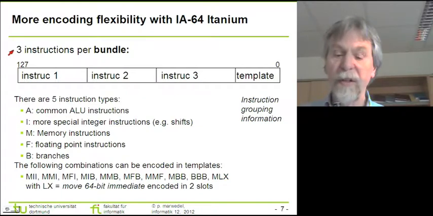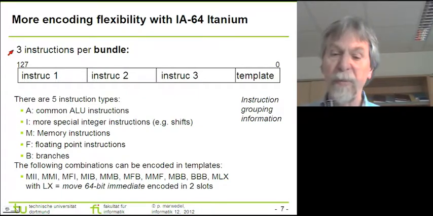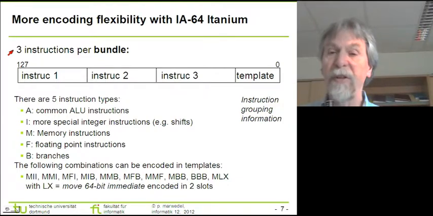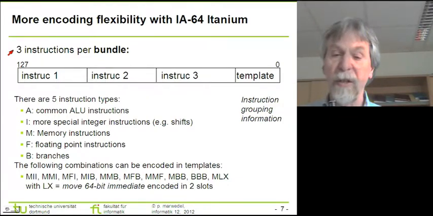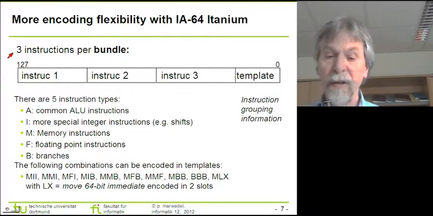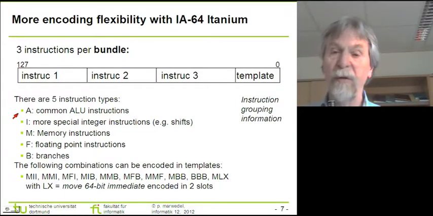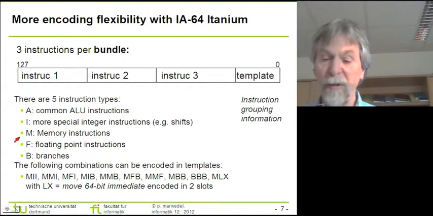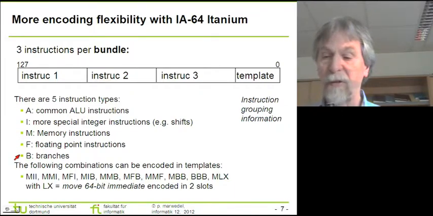As a result, there is this proposal to use so-called bundles that can contain up to 3 instructions. And these 3 instructions can be of a number of types. They can be of ALU type, they can be integer instructions, memory instructions, floating point, or branch instructions.